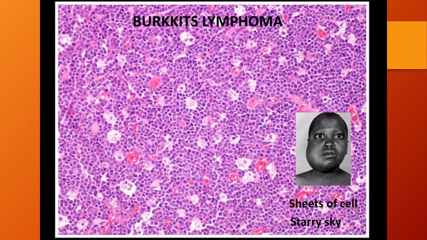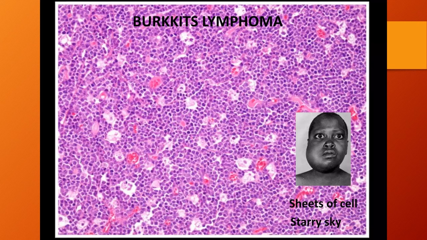Again, very common at night, on a very well moonlit night, we can see all the stars glazing in the sky. This is nothing but sheets of cells. This is very beautifully seen in the sky, but in pathology, if you see this sky-like appearance, it is called starry sky appearance.